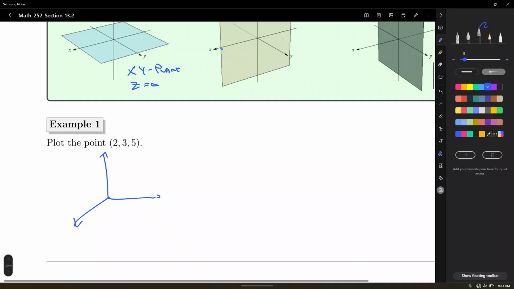So let's see. I need to go 2 units in the x direction, 3 units in the y direction, and 5 units up. That means 2, 3, but I still need to count 1, 2, 3, 4, 5, and it's not going to line up with the 5 units here because of the perspective.